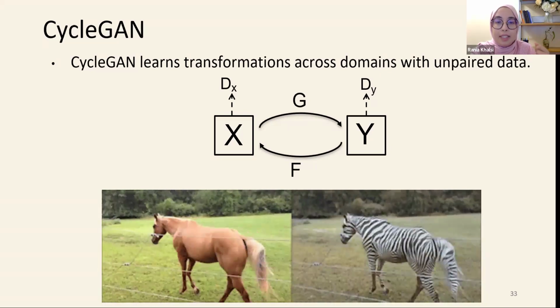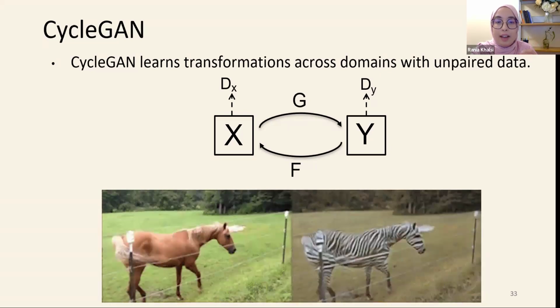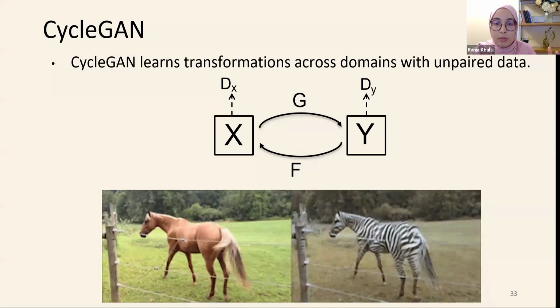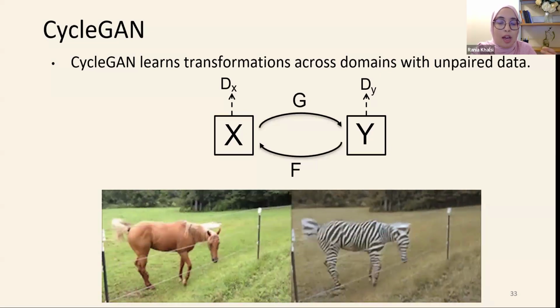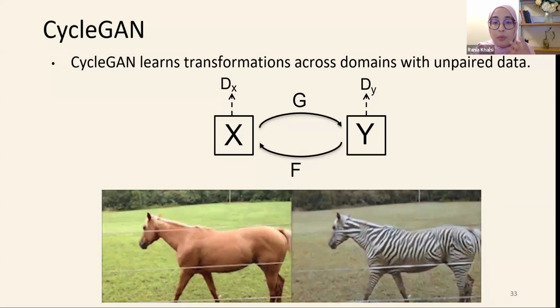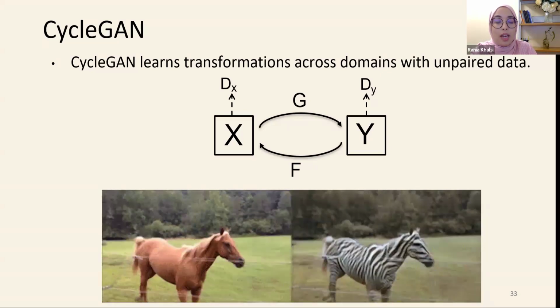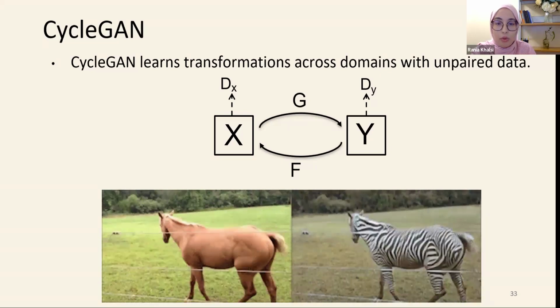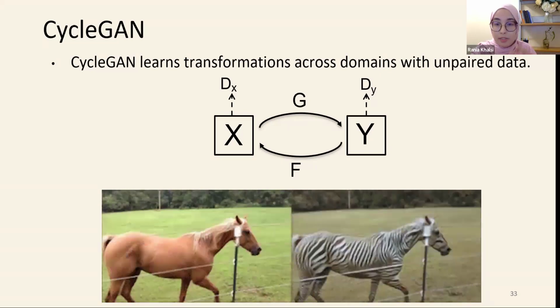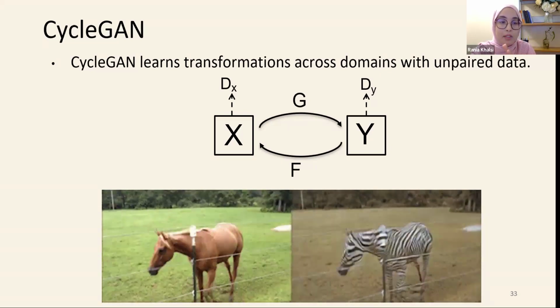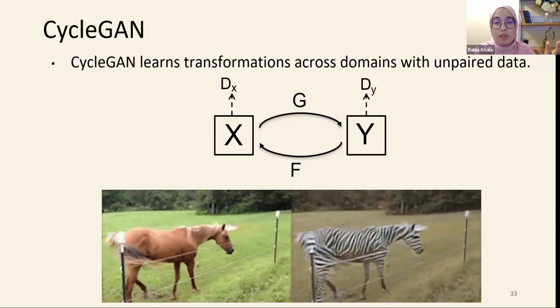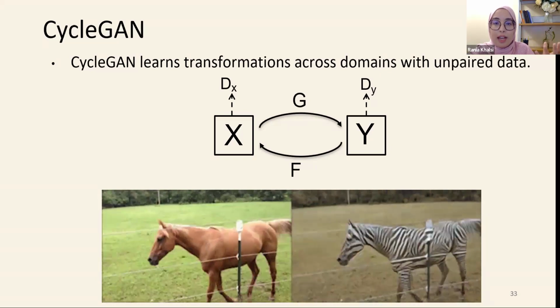In this example, the CycleGAN was trained on two sets of natural images, horses and zebras, but without any one-to-one matching between them. So it learns how to transform a horse into a zebra and vice versa. This is essentially a form of style transfer.